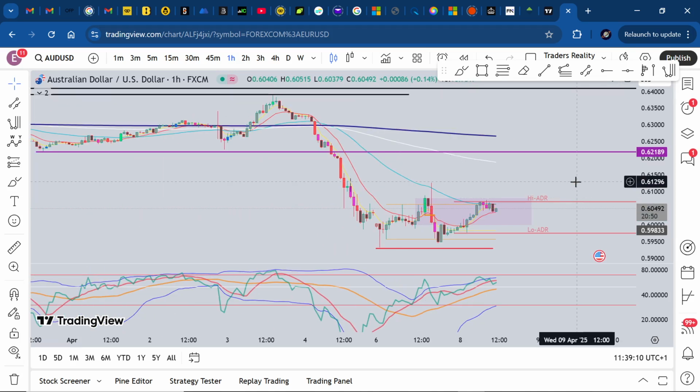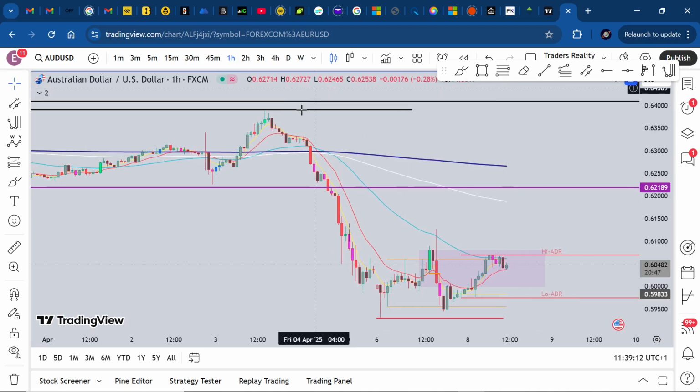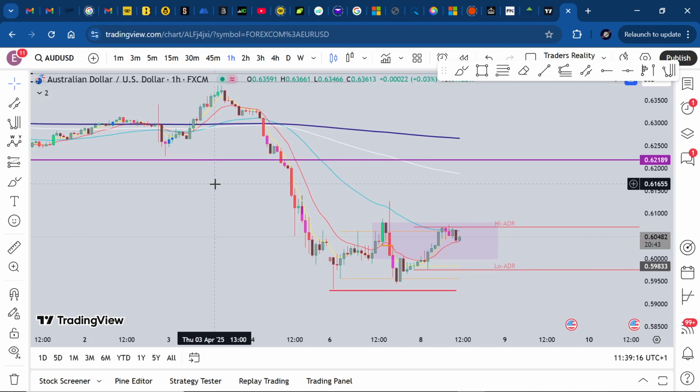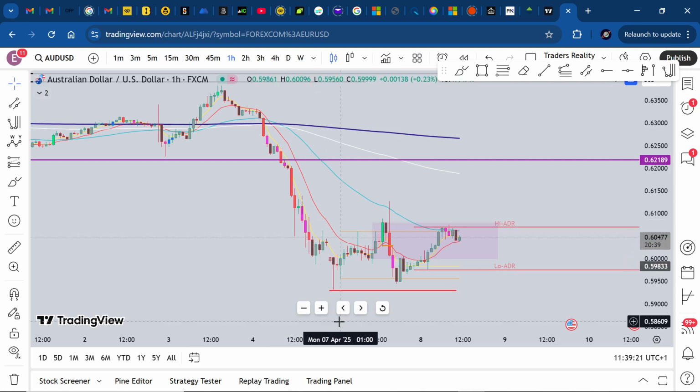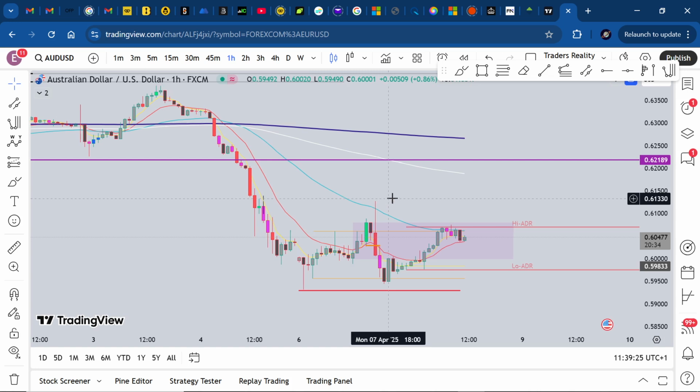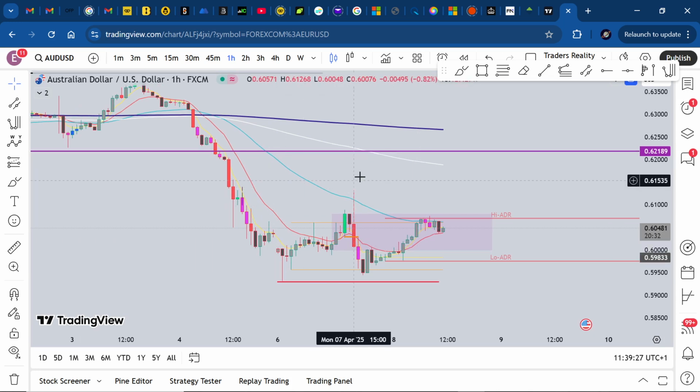I want to put a count on this move down. I'm thinking 1, 2, 3, 4, 5. And if this could be a leading diagonal, that would give hope to a move higher.